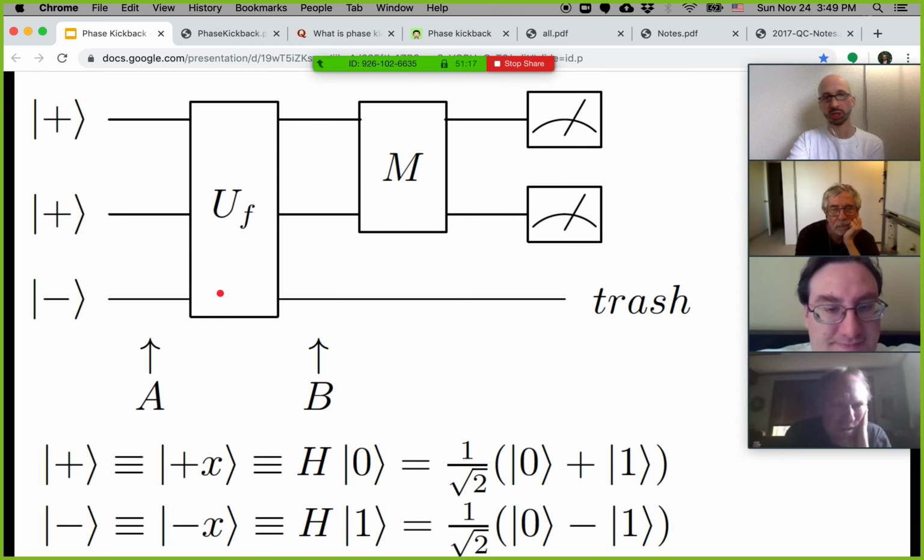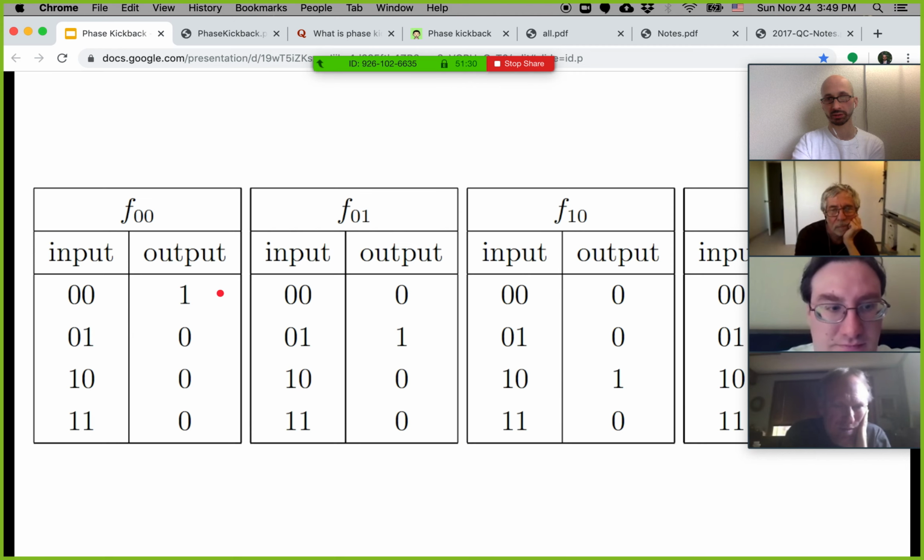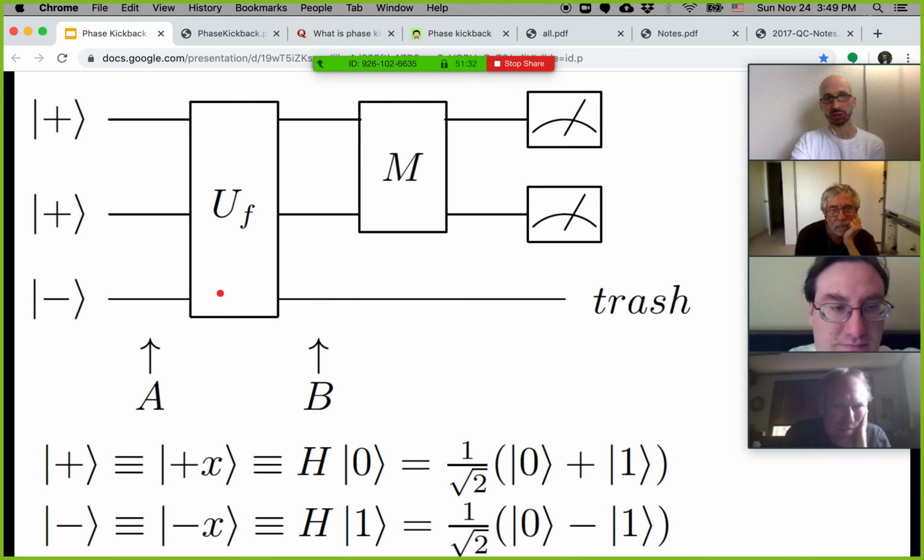When she constructs this U, and we'll talk about how she does it on the next slide, she arbitrarily chooses one of those 4 Fs, creates this UF and gives it to Bob, and he builds this circuit around it.